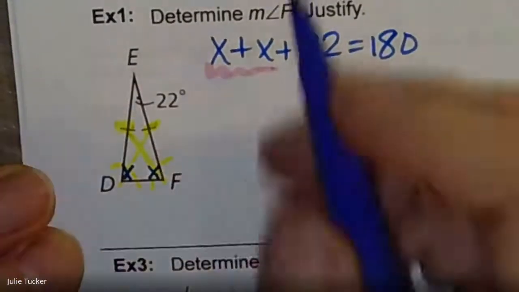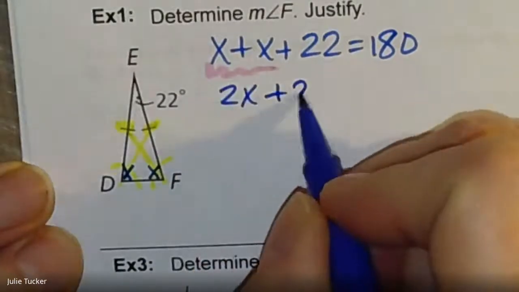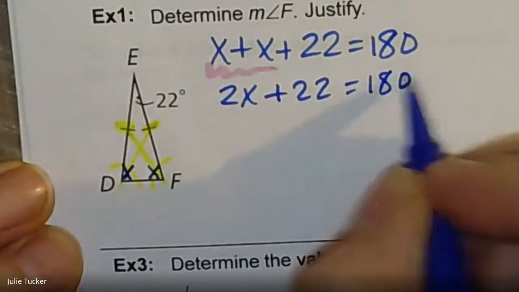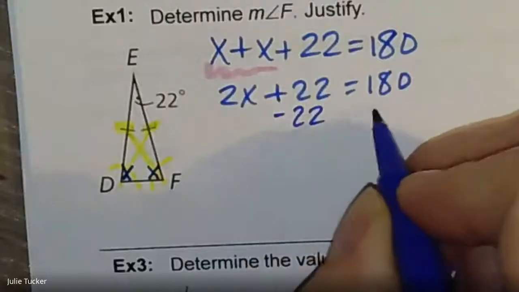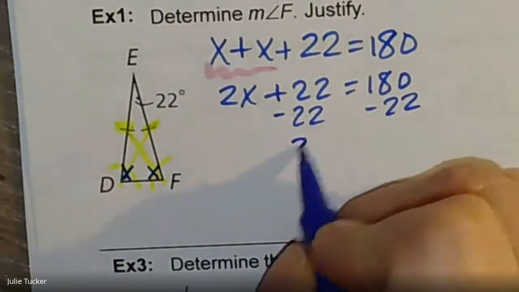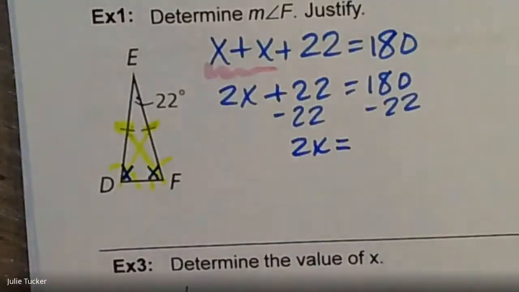Now, what do I do with that? You were so awesome with combining like terms. You never forget. I'm so impressed with you. Okay, now what do I do? Awesome, yeah, exactly. So then I have 2x equals, do you know what 180 minus 22 is? Let's do it together in our head. What's 180 minus 20?